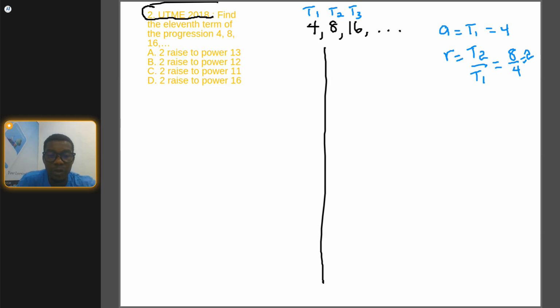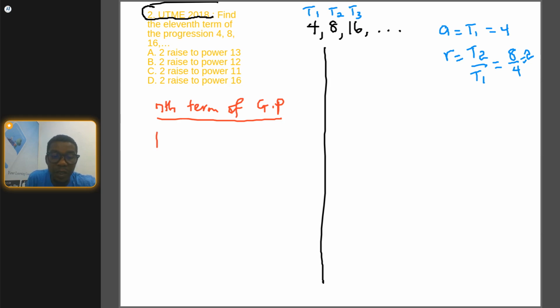If the common ratio is 2, then let's go ahead and solve the question. The nth term of a GP is what we are asked to find, and the term we are looking for is the 11th term.